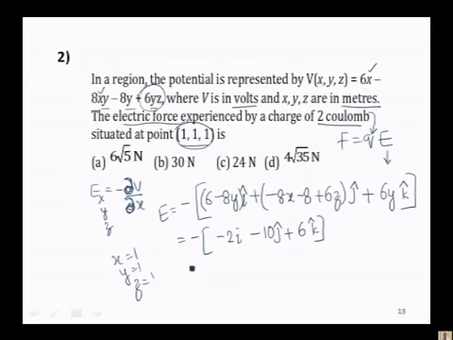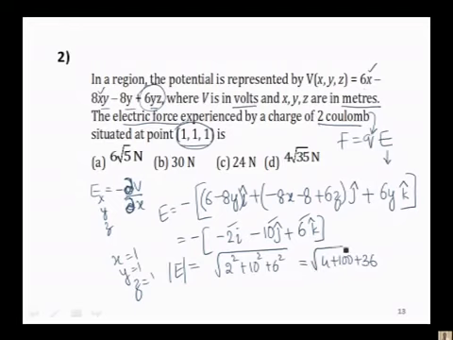The magnitude of this vector is the sum of the squares of this under square root. So it is 2 square plus 10 square plus 6 square under square root. So this is 4 plus 100 plus 36 under square root, and therefore it is square root of 140, and from 140 you can take out 4, and root of that becomes 2.